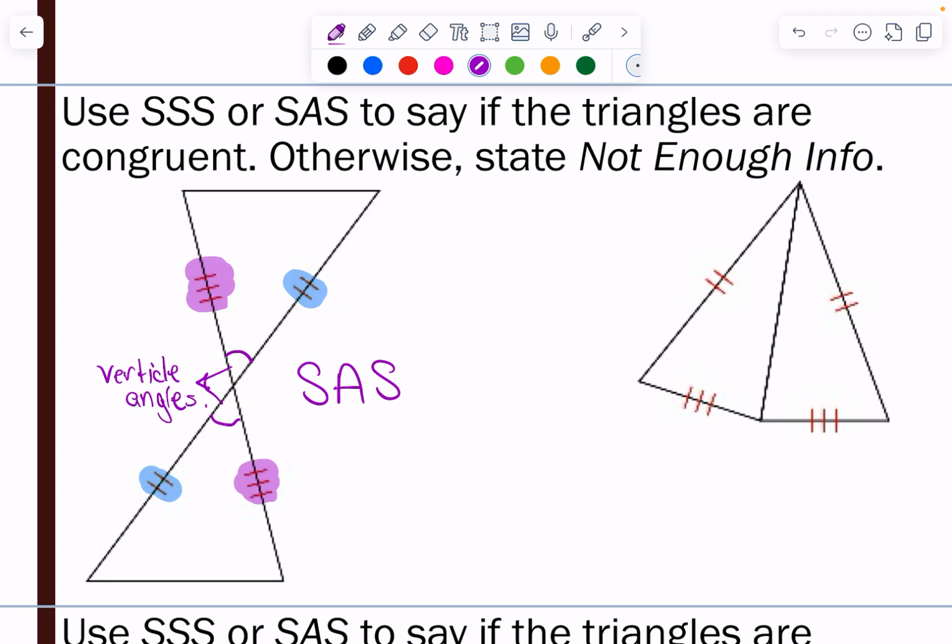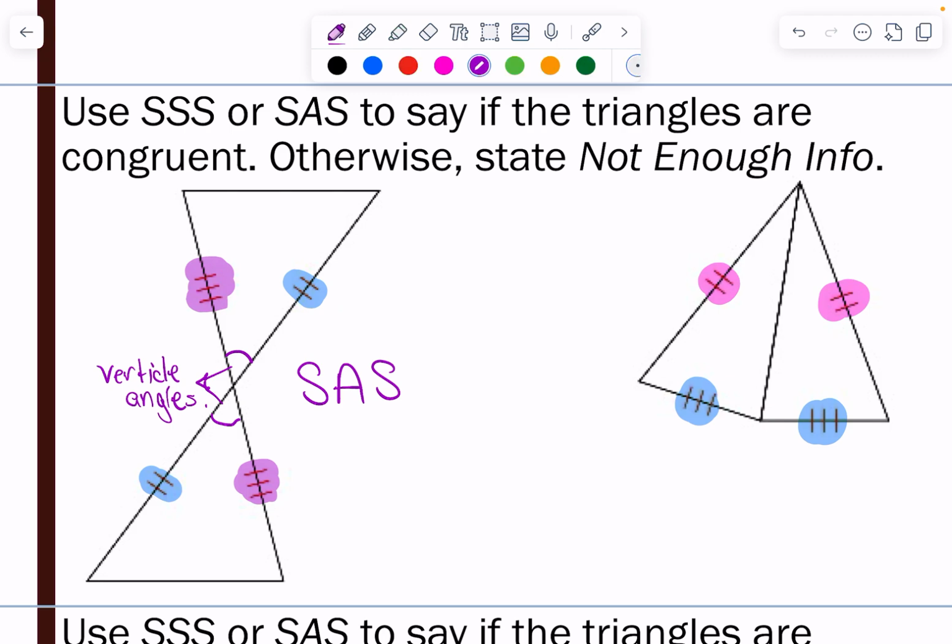All right, let's take a look at this one. So here again, we're just checking off things. Do I have one set? Yep, I have one set. Do I have a second set? Yes, I do. Do I have a third set, either a third side or an angle that I can say is congruent?